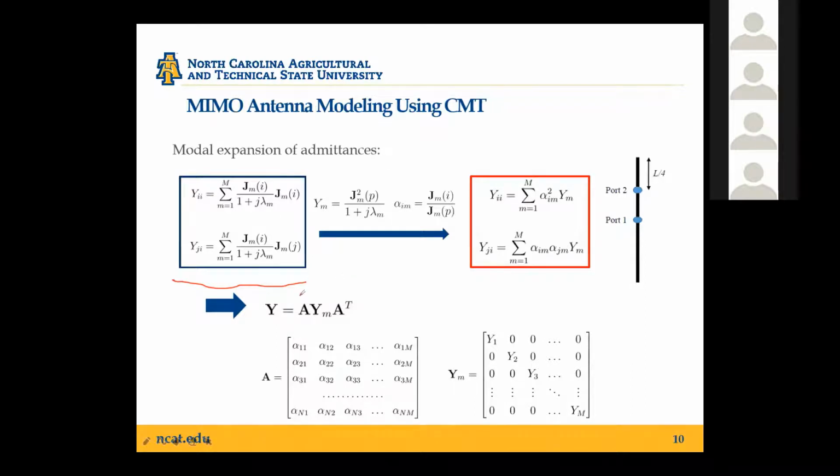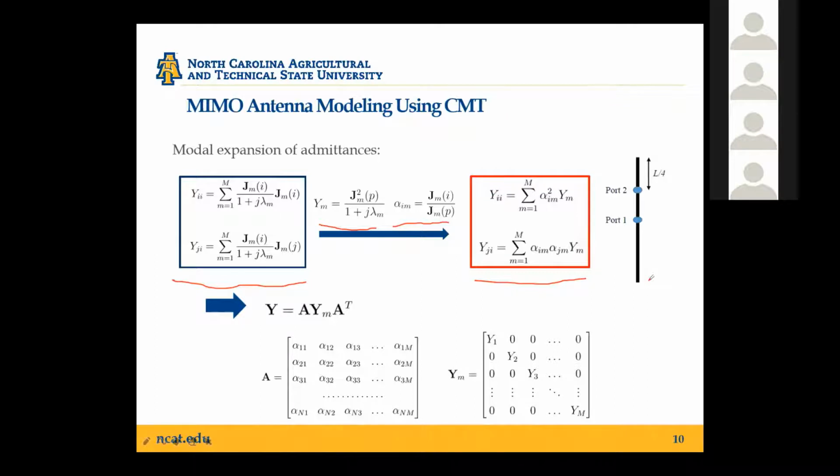If you pick one node on the antenna and use that as your reference node, you can define the admittance for each individual mode. You can also normalize your currents at other nodes with respect to this reference node. If you do that, you can essentially simplify the expression on the left into the expression shown on the right. It's much cleaner now, simpler.